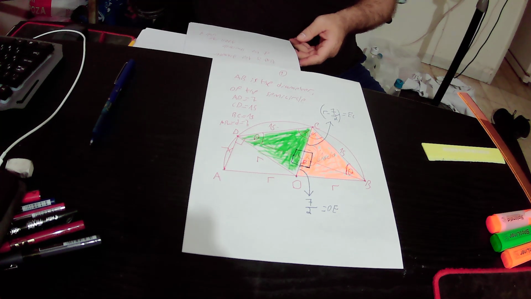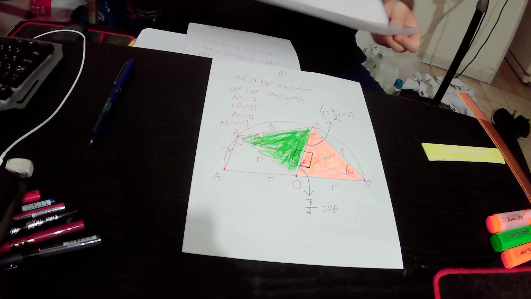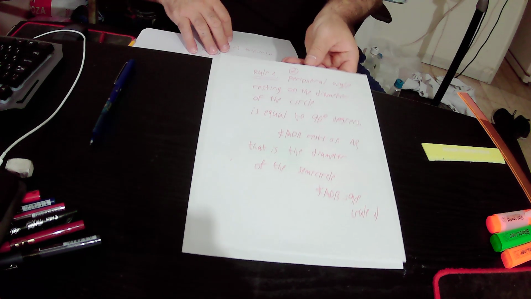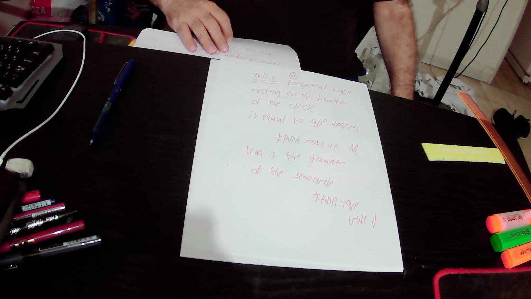Actually, angle ADB equals 90 degrees according to rule number 1 that states that a peripheral angle resting on the diameter of the circle is equal to 90 degrees.